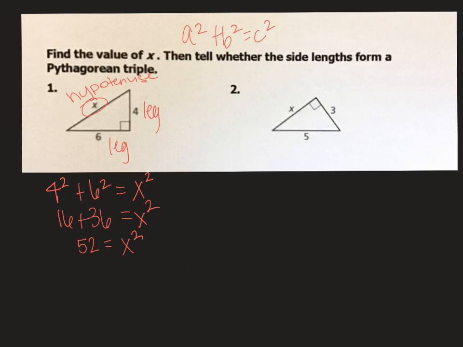Now remember, when we have an x squared and we need to solve for x, we square root both sides, which is not a perfect square. We end up with about 7.21 for x. So it's not a whole number, which means that it's not a Pythagorean triple.